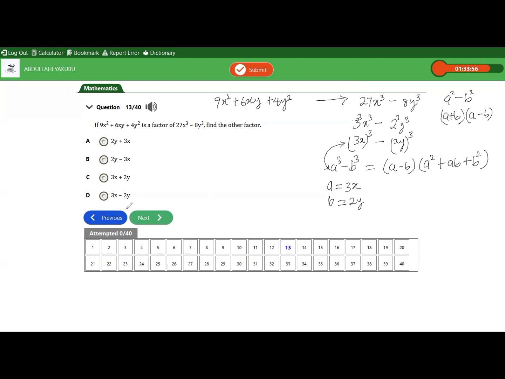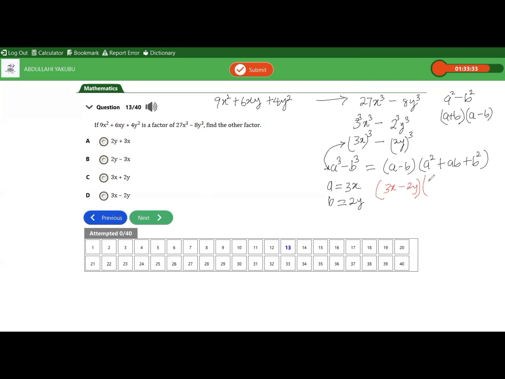Having done this, we can now come to this place, and anywhere you see a in this expansion, we put what? 3x, and anywhere we see b, we put what? 2y. So coming down here, a is 3x minus b is 2y, open and close bracket.